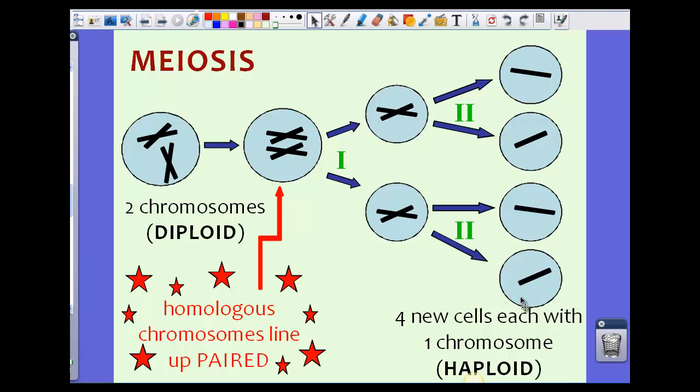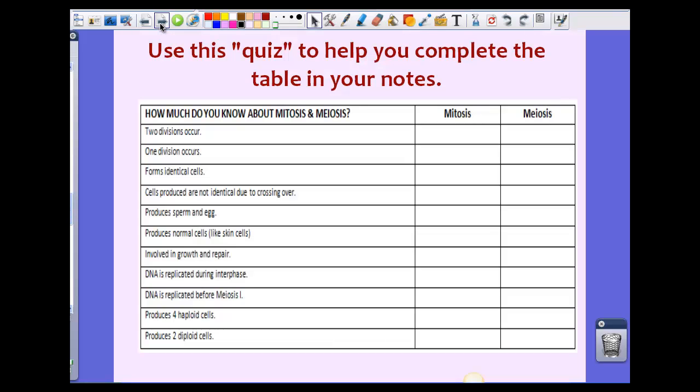They're going to go through a second division, and we produce 4 haploid cells. So in this stage, we're still diploid, much like we are in mitosis, but because we go through that second set of divisions, we become 4 haploid cells. Now we have half the number of chromosomes that we did in the original beginning.